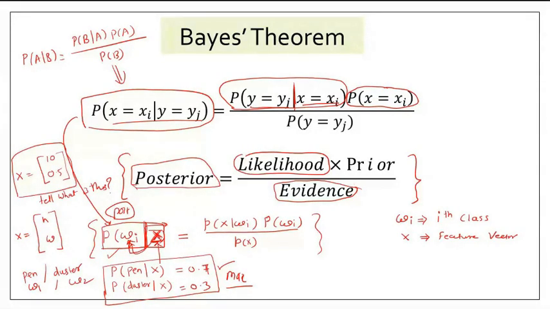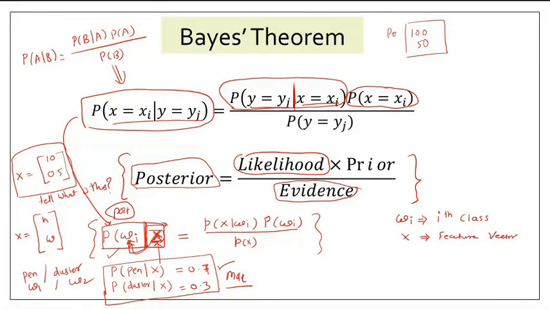So what is prior? First of all, we will see the prior. Prior is the thing for a given problem domain. When you start training your machine, you collect samples. Suppose you have collected 100 pens and you have collected 50 dusters, or a computer in general is going to see pens more than dusters.